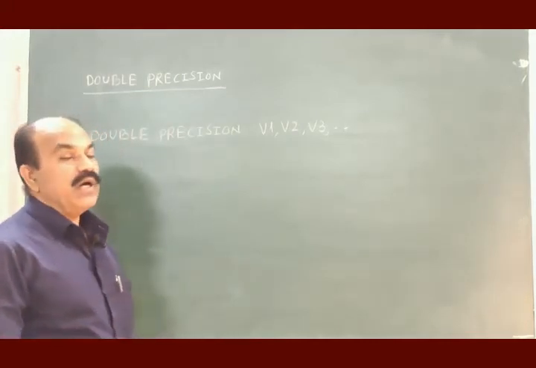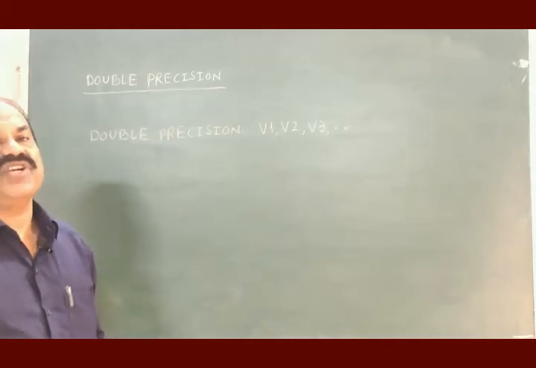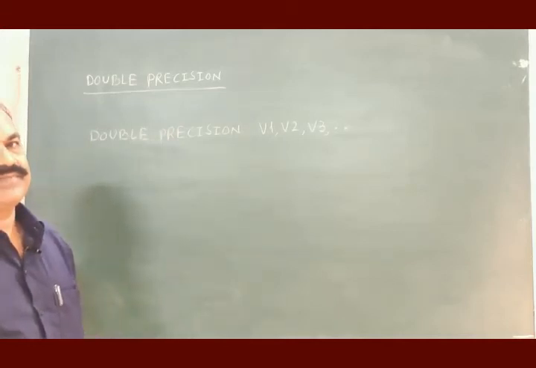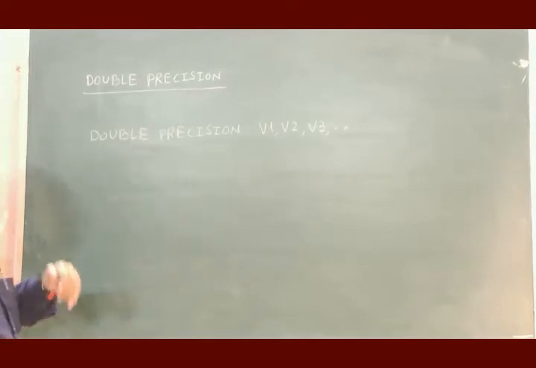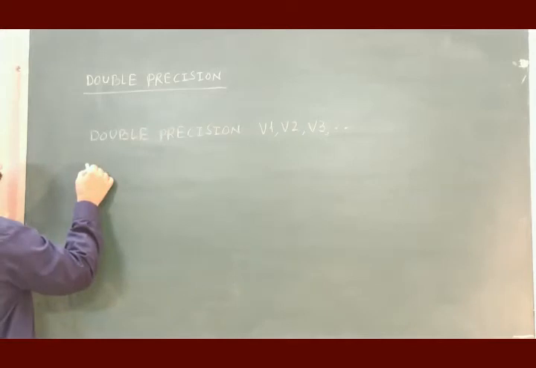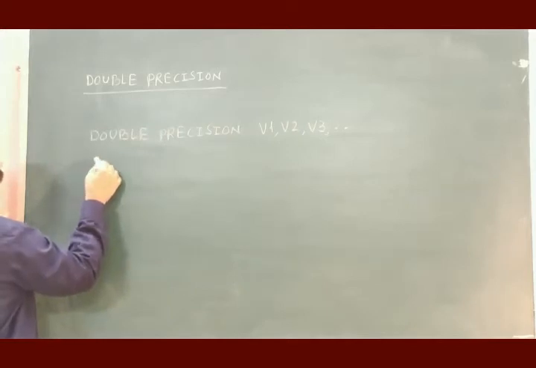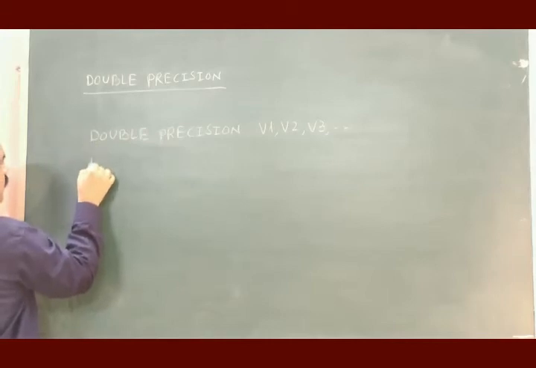Now, how to do arithmetic of double precision numbers? To understand this, let me take an example.